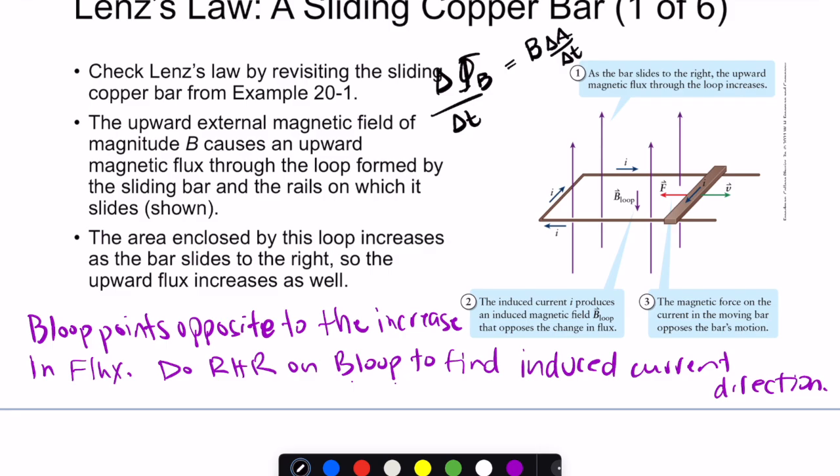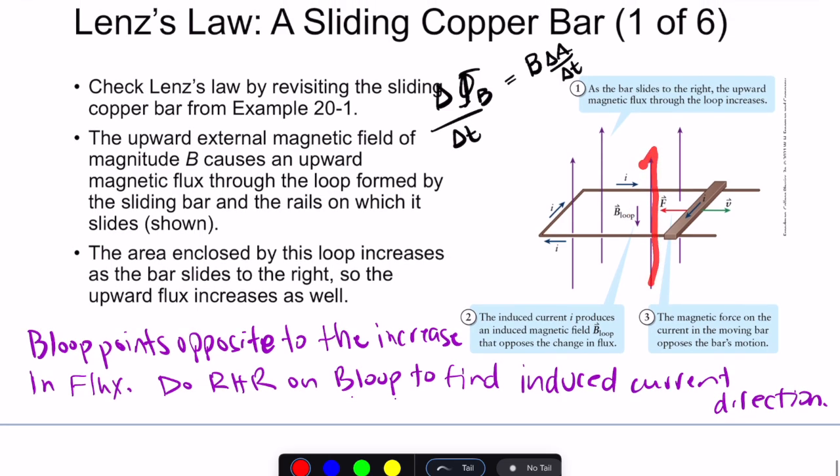And all of these kind of weird phenomena that come out of nowhere are there to oppose changes. So this is a very perfect example of that situation. So B loop is going to oppose the change in flux by pointing down, all right, opposite to the field that is in the problem.